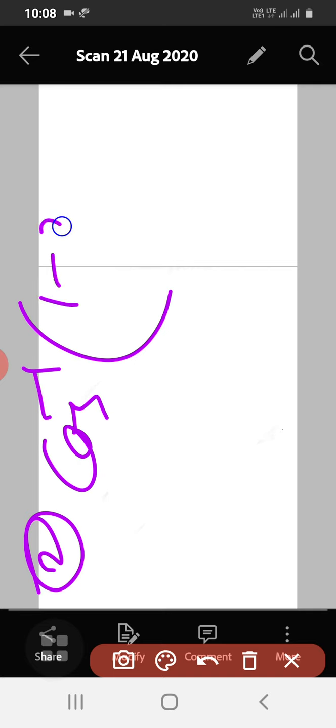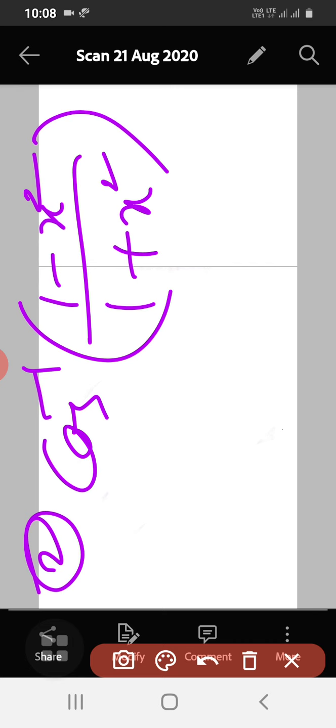So let us consider the second one here. The second one is the same: 2 tan inverse x is equal to, the right hand side is cos inverse of 1 minus x square divided by 1 plus x square.